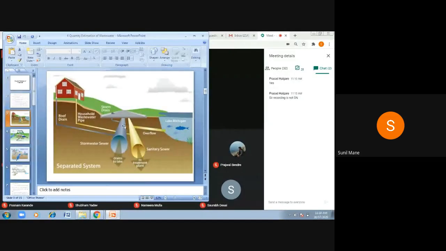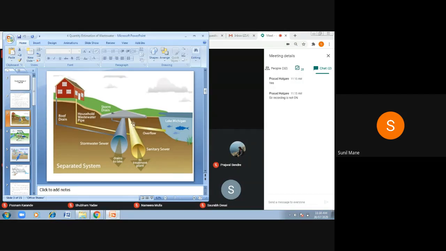The wastewater here would basically be called gray water. This water would be collected differently, so it would be much easier for us to go for treatment, because this storm water won't have any change in quality. We just have to go for the initial physical treatments, and then it can be diverted to disposal.